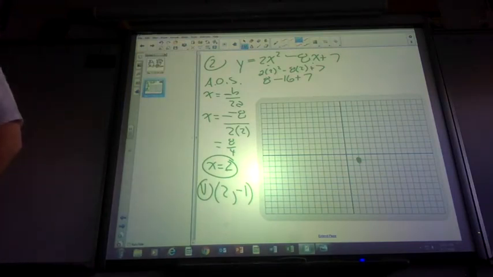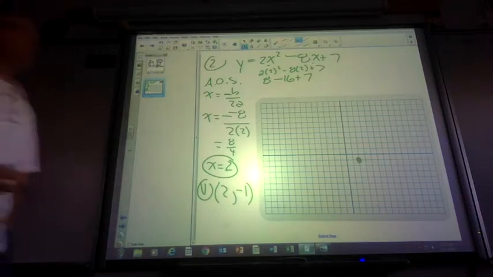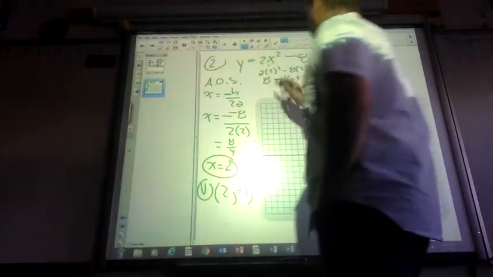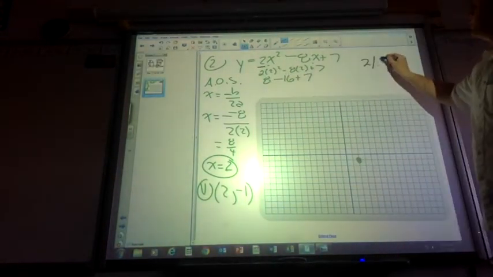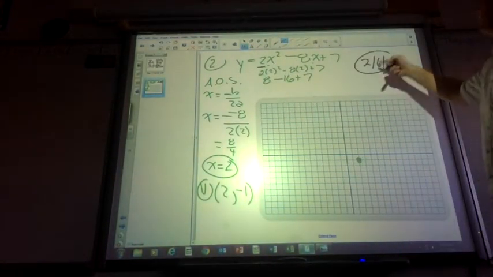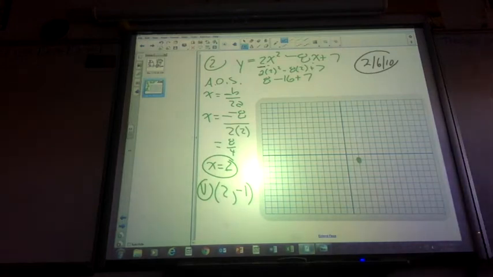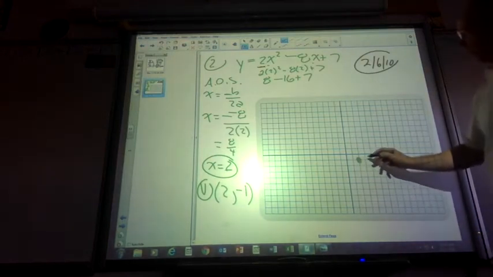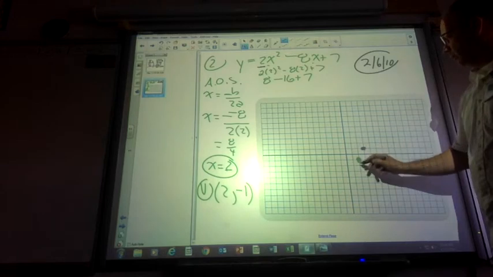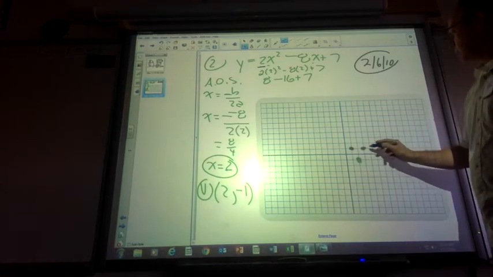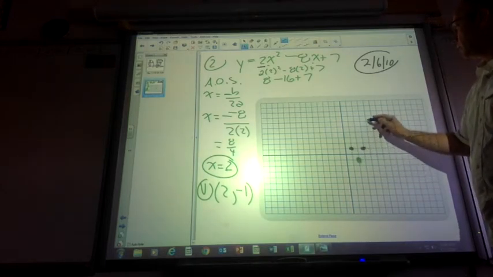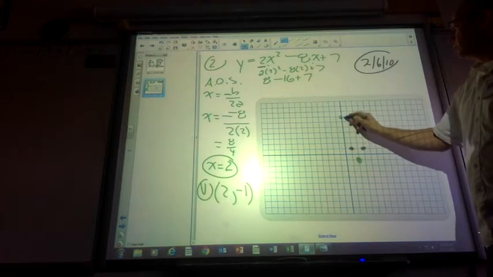Okay, the axis of symmetry we have, the ordered pair we got. Does this graph with 1, 3, 5? Yes, sir. Just kidding. 2, 6, 10. So this is never an answer that I'm looking for. I just put it so we know what it's going to do. So I'm going to go right 1 up 2, left 1 up 2, right 1 up 6, left 1 up 6.